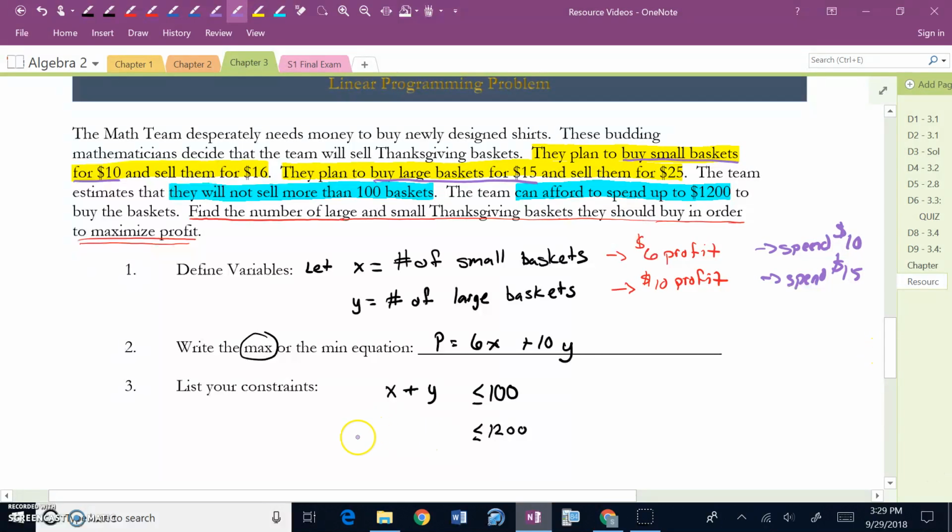So in this case, it's going to be 10 times x plus 15 times y. So my two inequalities I get from the word problem come from a combination of these numbers up at the top and the idea of selling versus profit.